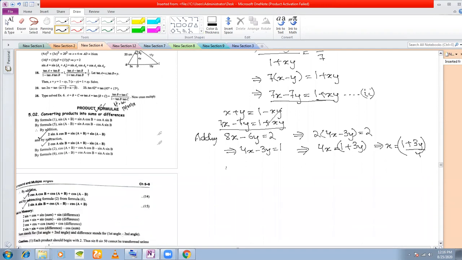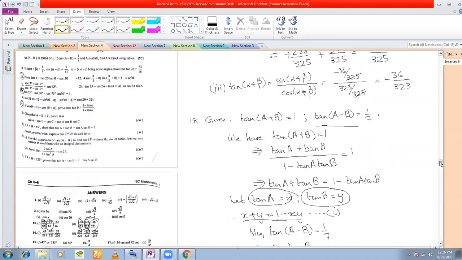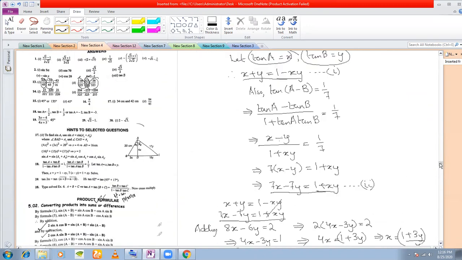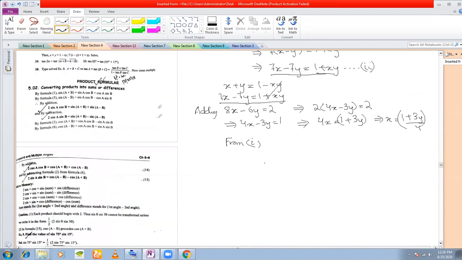From 1, what was the equation? x plus y is equal to 1 minus xy. This was our equation. We will put the value of x as 1 plus 3y by 4 plus y, is equal to 1 minus, instead of x, 1 plus 3y by 4 into y.